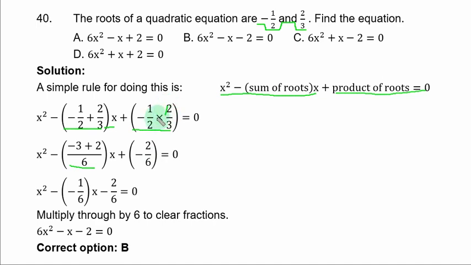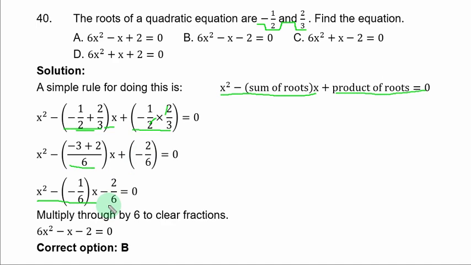Actually, 2 can divide 2, but I'm trying to maintain the same denominator of 6 in both cases. So if you simplify the bracket, you have S squared minus bracket open -1/6 bracket close times S. Then you have plus minus is minus, so you have 2/6 equal to 0.